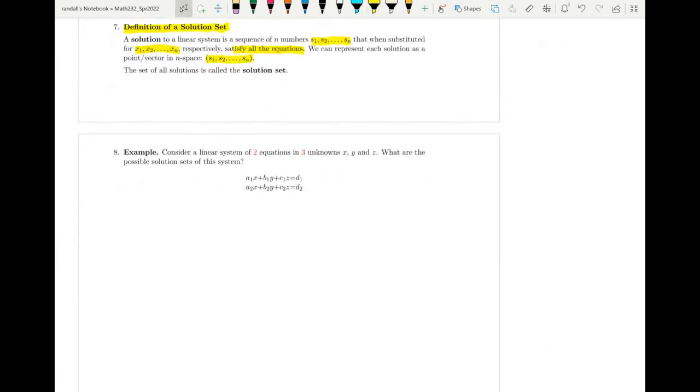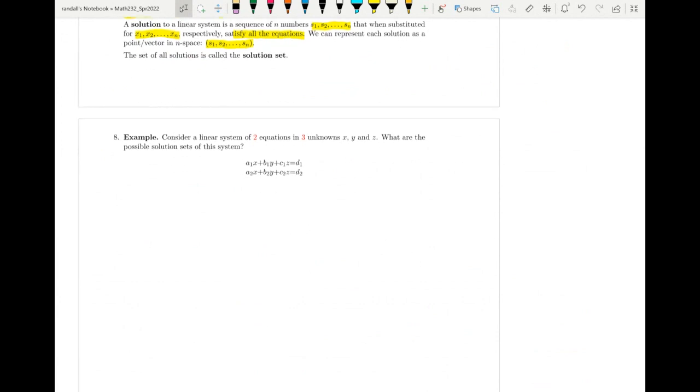We already saw one example, which was 2 equations and 2 unknowns. Now you have many variations on this theme. Let's take the example of 2 equations and 3 unknowns. In this case, the solution sets of each equation are geometrically planes.